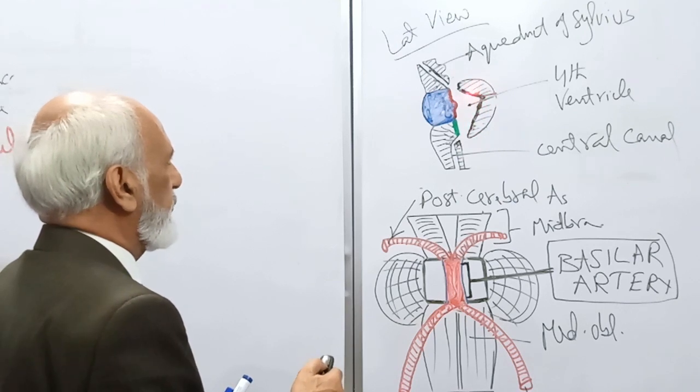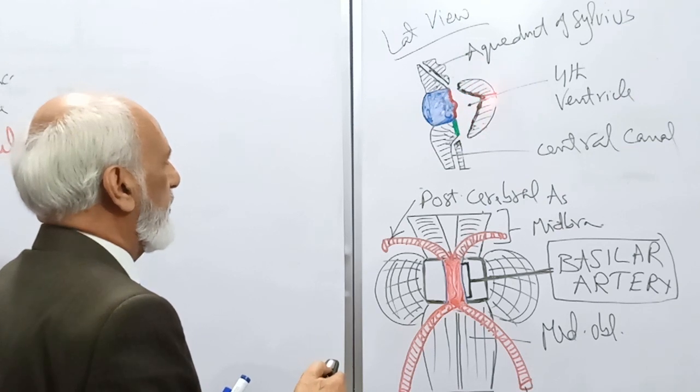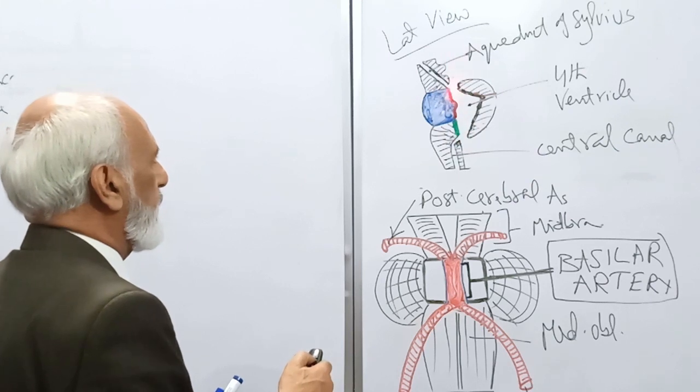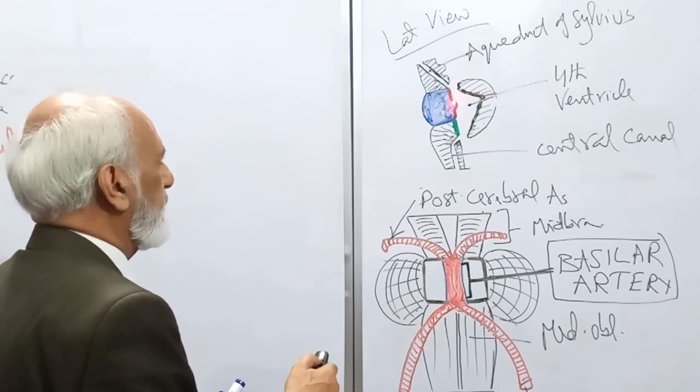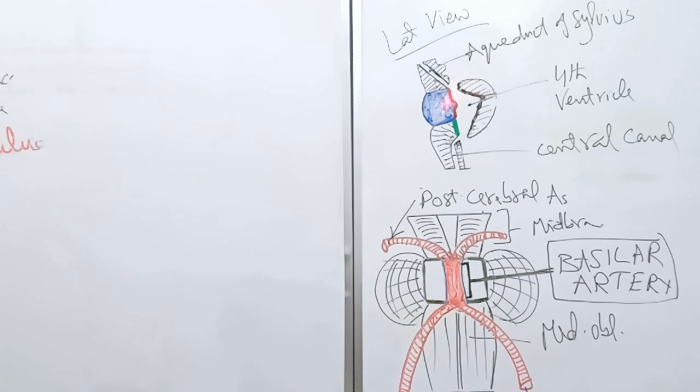The tent-shaped roof is formed by the anterior cerebellar notch, and the floor is formed above by the posterior surface of the pons and below by the posterior surface of the medulla oblongata. Thus, the posterior surface of the pons forms the upper or pontine part of the floor of the fourth ventricle, and the posterior surface of the upper part of the medulla oblongata forms the lower or medullary part of the floor of the fourth ventricle.